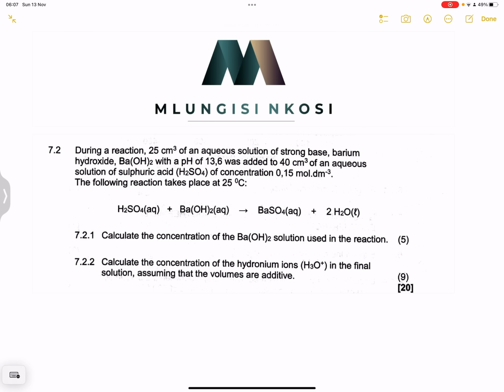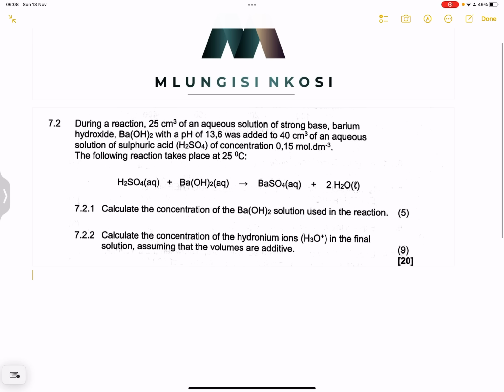So the first thing about this question is that they want us to calculate the concentration of barium hydroxide, right? Now I want you to be really careful here. We're going to take the pH.